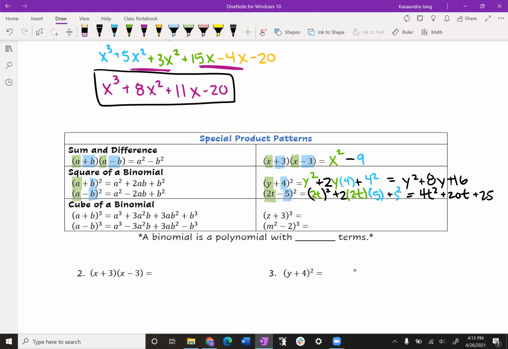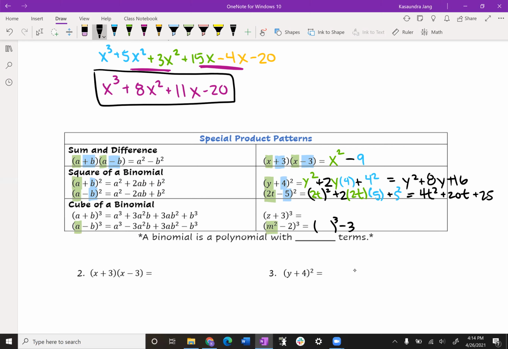I think you guys probably know how to use the formula, how to plug and chug, but the last one I do want to specify, like I did with the 2t, I had to plug in the entire 2t. This one I got to plug in the entire m squared for my a. So you need parentheses around the entire m squared. For the a that got cubed, I've got the entire m squared cubed.